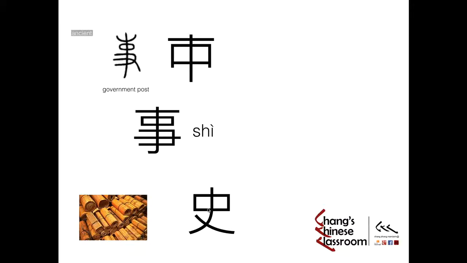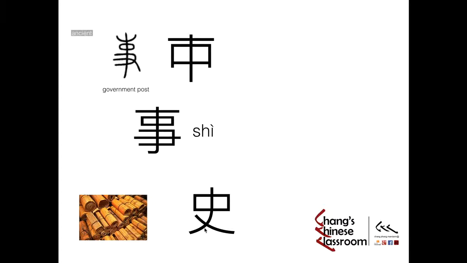And the second saying is that this part indicates the middle, which indicates justice, the unbiased. So it represents the general meaning of the government post, and also one of the most important qualities for those officers: they should be unbiased and should seek justice.